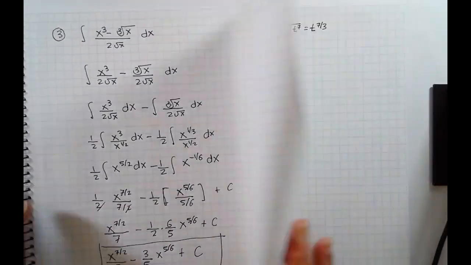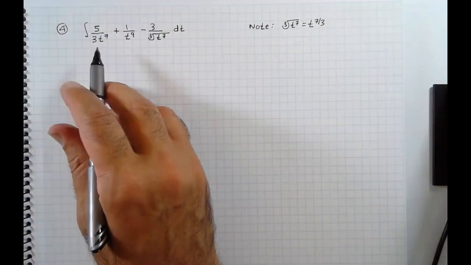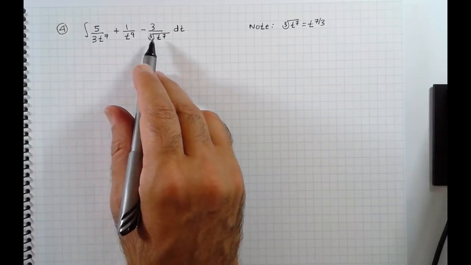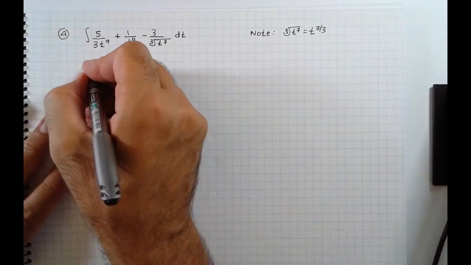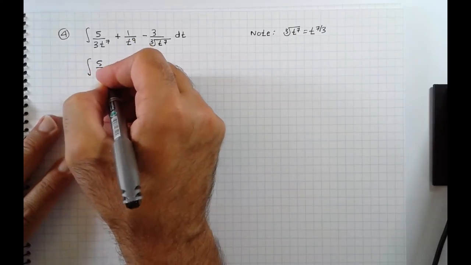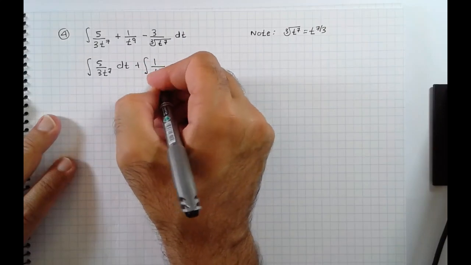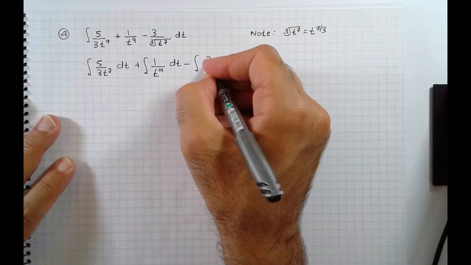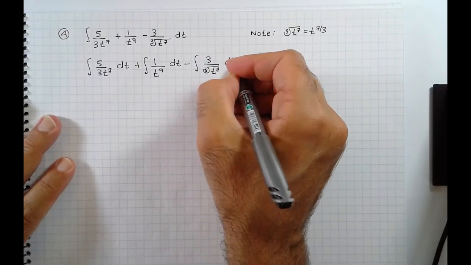Okay, let's look at number 4. Here we have integral of 5 over 3 t to the 7 plus 1 over t to the 9 minus 3 over third root of t to the 7. So the first thing we do is split up the integrals. That's integral 5 over 3 t to the 7 dt plus integral 1 over t to the 9 dt minus integral 3 over third root of t to the 7 dt.